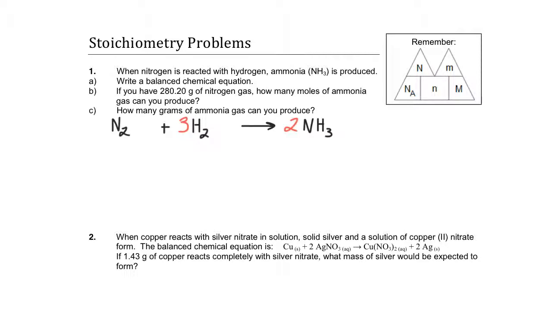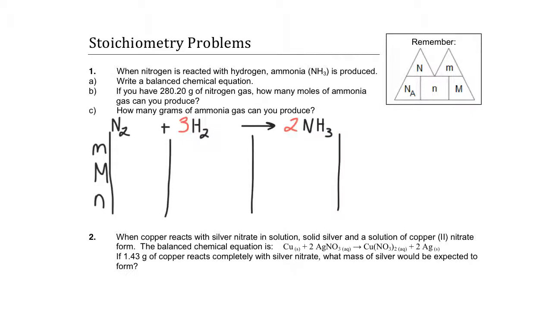And there's a lot of different ways, depending on the textbook that you look at, on how to attack these problems. I'm going to show you the way that I do it, and I find that it works really well for me. So I set up a table: mass, molar mass, number of moles. I call this my stoichiometry grid.